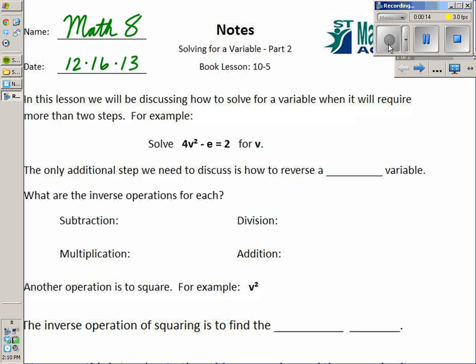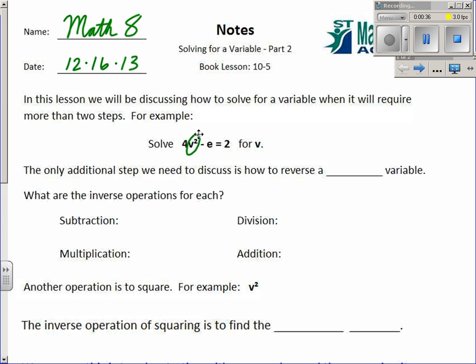Today's notes are going to be more talking about solving for a variable, and this is going to be page 30 of your notes. The only extra step that we're adding compared to what we've been doing today and Friday of last week is that now you're going to have variables that are squared.